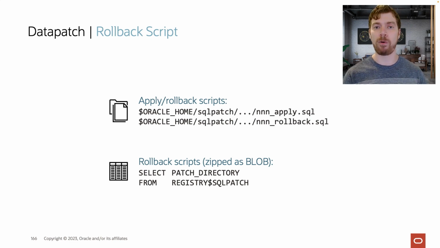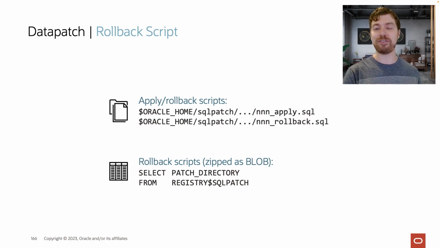And why do we keep a copy of these objects inside the database? Because imagine you decide to unplug this PDB from 19.18 and plug it in a lower release, for example, in 19.15 or 19.14. We don't recommend that, but we do support that. And how and why we support that is because we have this patch inside the database.